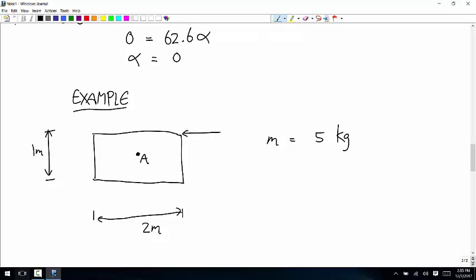And we'll apply a force to it like this. Let's say this time it's a top-down view. So let's say this force is 200 newtons. What's the angular acceleration?